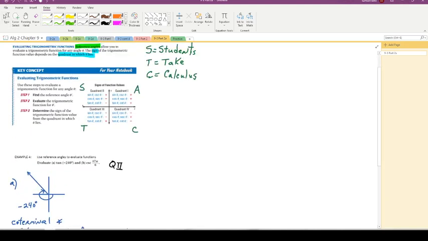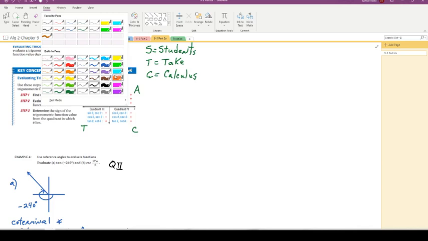All right, for part B, let's change the colors again. Let's try an orange.